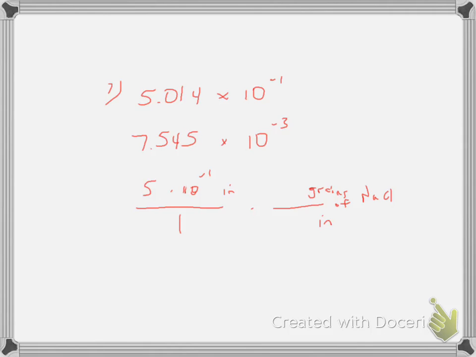That's where you get the 7.5 times 10 to the minus third in 1 grain. So 1 grain is that. So you're really saying, oh yeah, so that means we're dividing, because the inches are going to cancel. And then it's a division problem. 5.5 times 10 to the negative 4 divided by 7.5 times 10 to the negative 3 to figure out how many are inside each other. Now, how do you do this? We need another page for that.